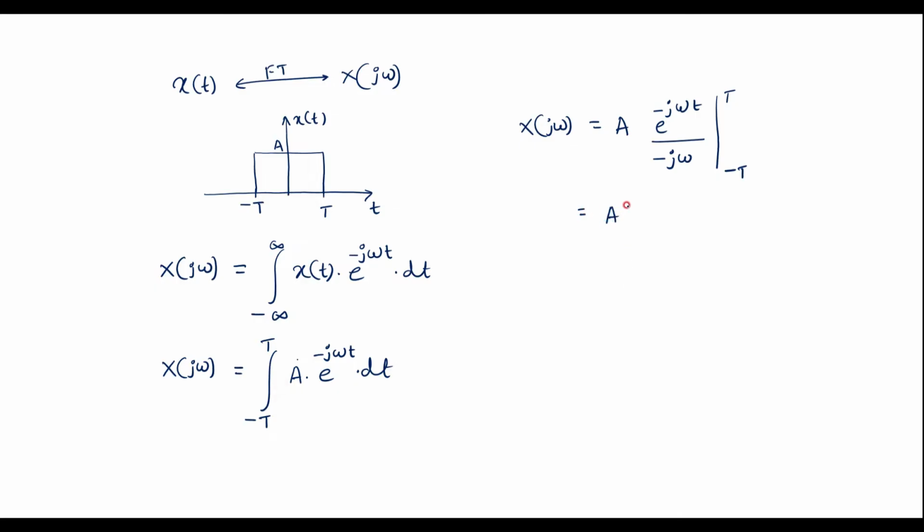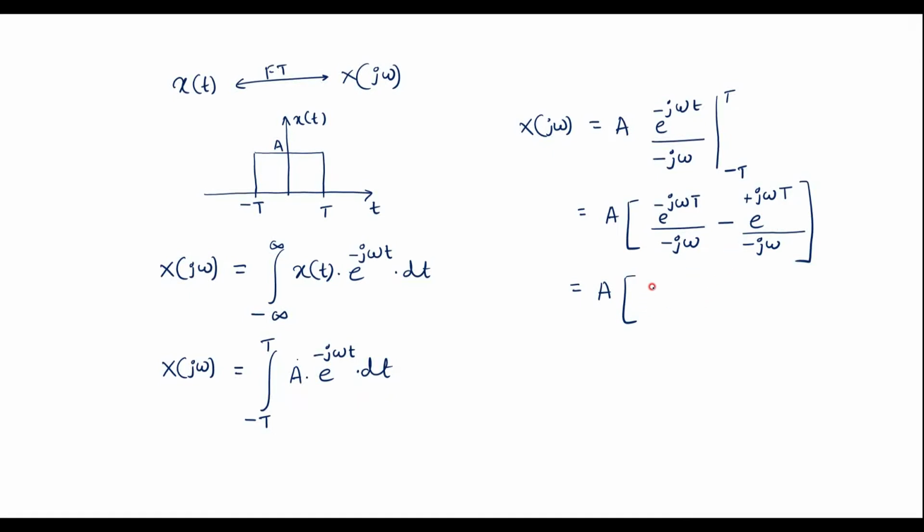Replace t by this T, that is e power minus j omega T divided by minus j omega. Now replace this t by minus T, that is minus e power j omega T, so it will become plus, divided by minus j omega. Or I can simplify this as A in bracket. So this term will be positive.